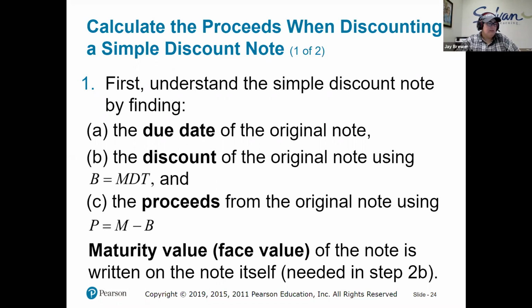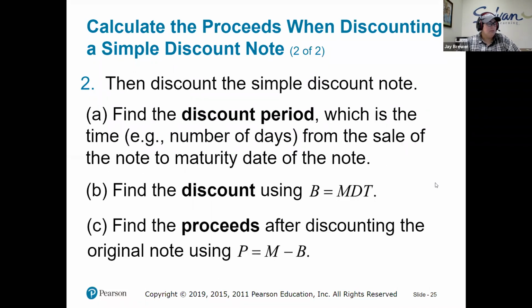Maturity value or face value of the note is written on the note itself, needed in step 2B. Okay. All right, you guys can read that. All right. So you have to find the discount period, find the discount, and then find the proceeds.